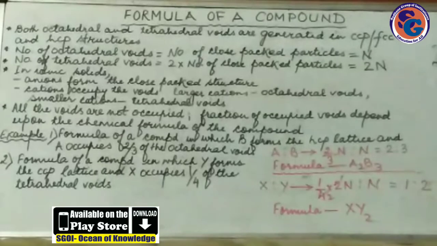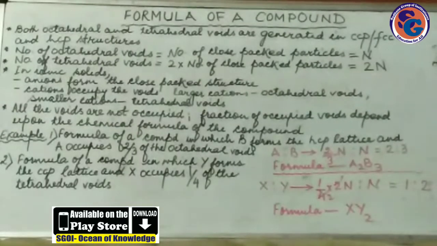It forms the HCP lattice, and the element A occupies 2/3 of the octahedral voids. We know that the number of octahedral voids is equal to the number of close packed particles, and we can represent both by n.